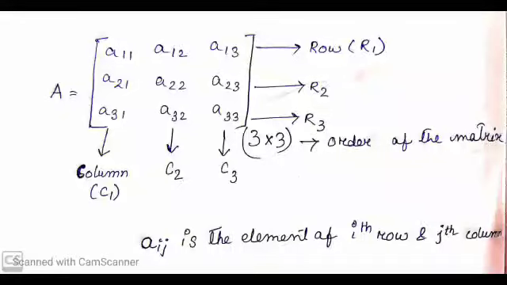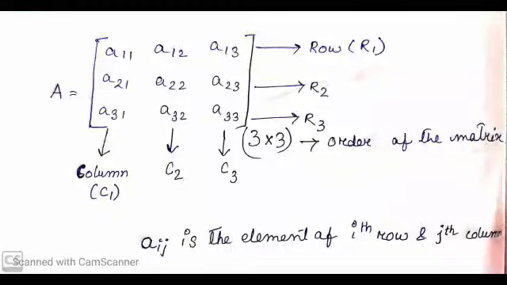Here I have written A11, A12, A13. These three elements are the elements of row 1, and A11 is the first element of row 1 and column 1. What is column 1? You see A11, A21, A31, these are the elements of column 1.